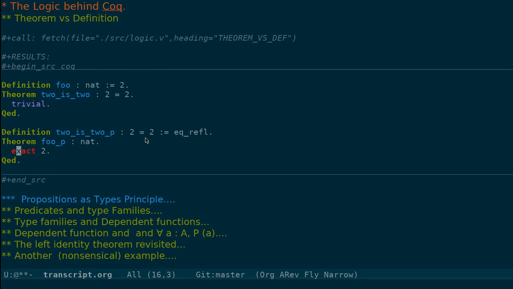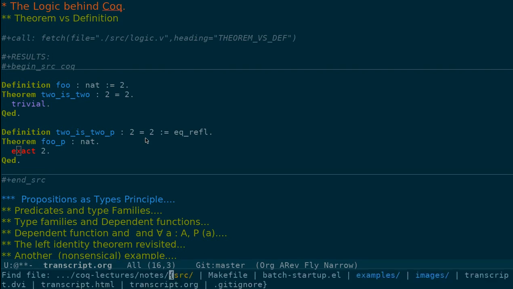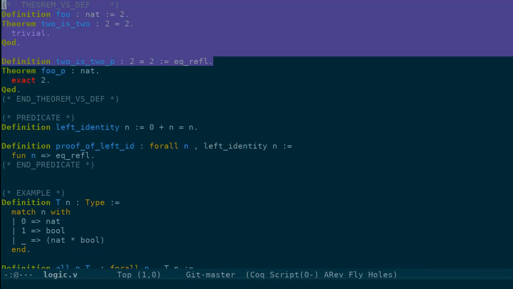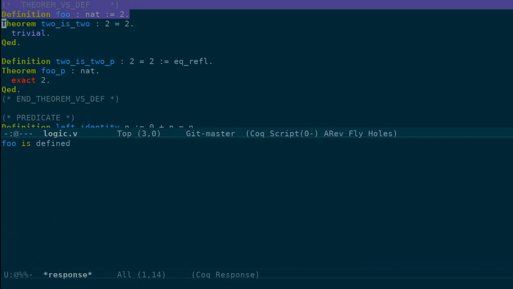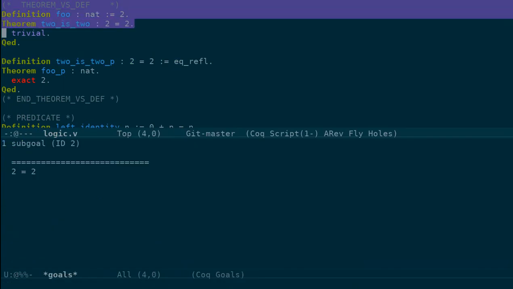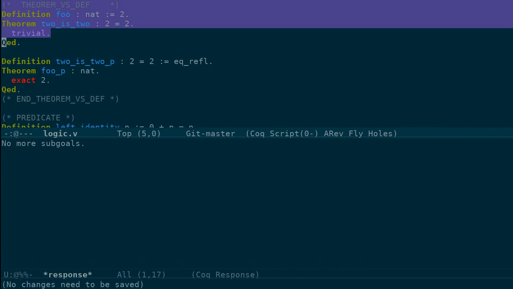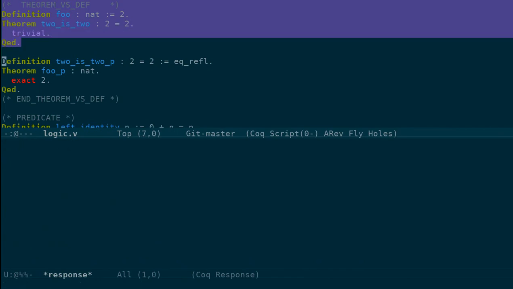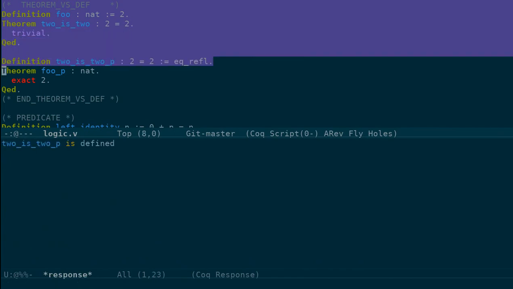Okay. So let's just have a look at it in the Coq mode. So here is the definition. Okay, so you can see foo nat equal 2. Here is the theorem, trivial. And here is another way of doing the theorem.